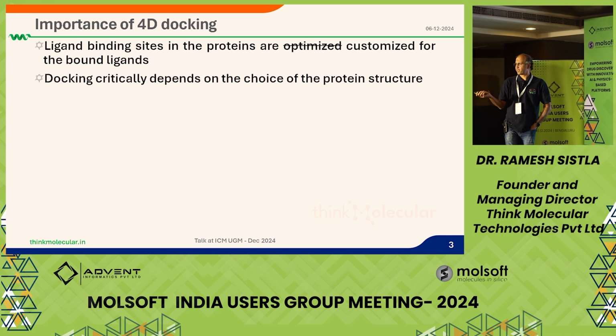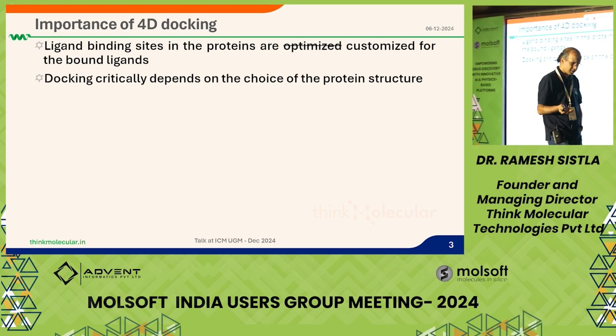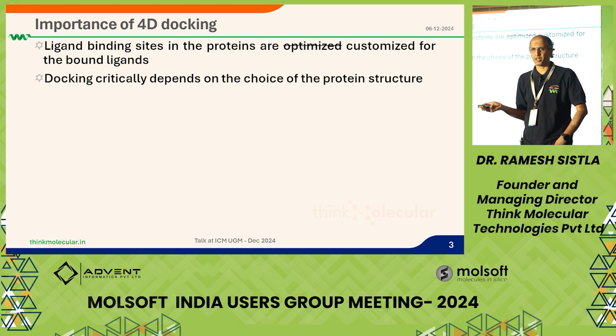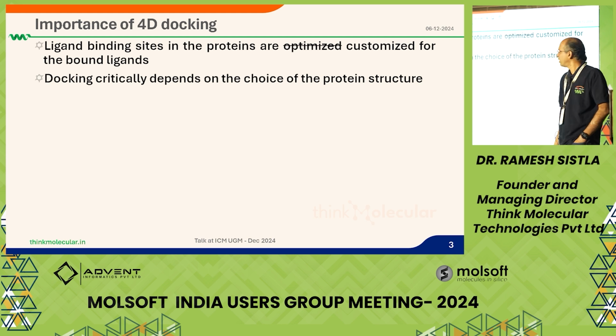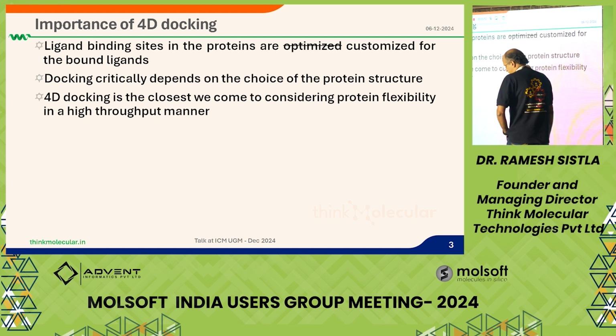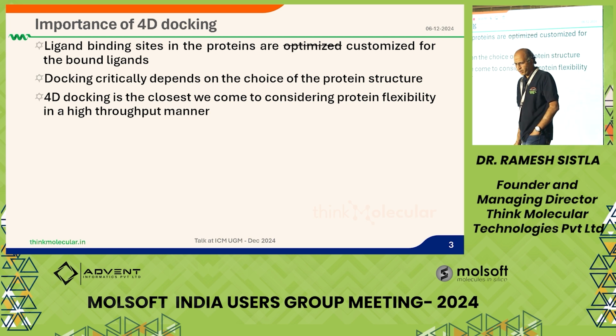It's everybody's experience: docking critically depends on the choice of the crystal structure that you use. If you were to use a wrong structure, even the most potent compound would not actually model, right? That's everybody's common experience, I think. So in my opinion, 4D docking is the closest we come to considering the protein flexibility.